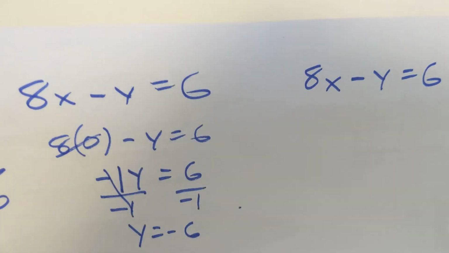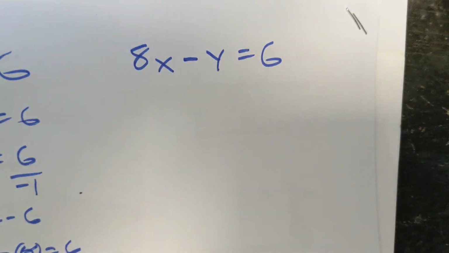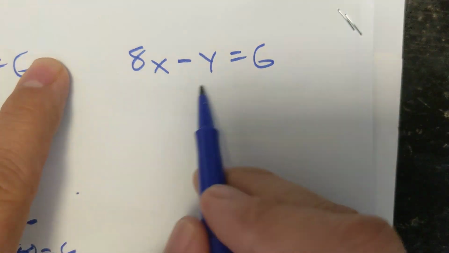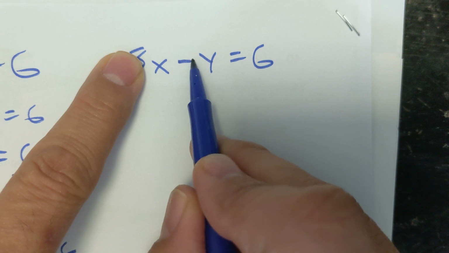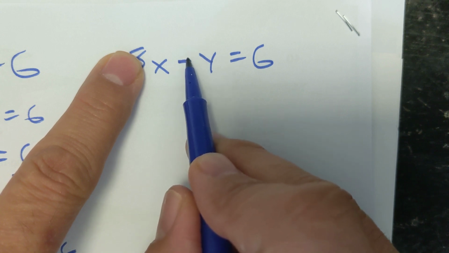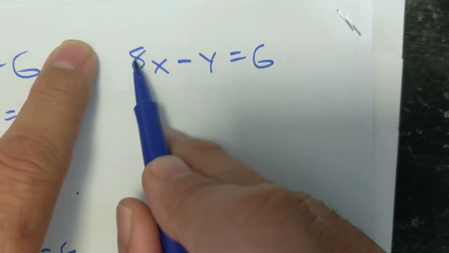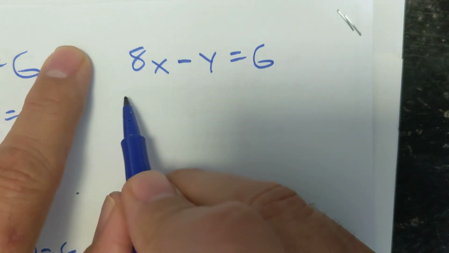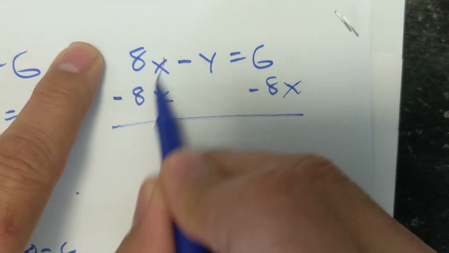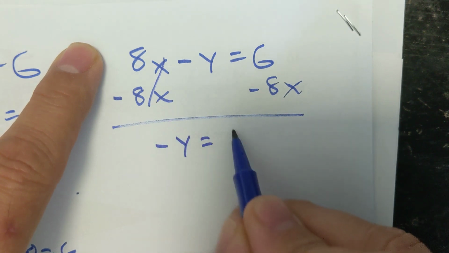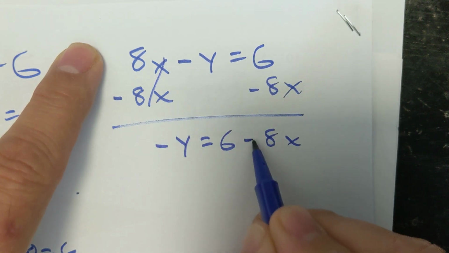Option 2, though, for those of you that wanted to focus on just slope-intercept, here they took y, tacked on this minus sign, basically multiplying by negative 1, and then added on this 8x. So the way we would undo this is we would subtract 8x from both sides. We get negative y equals 6 minus 8x.